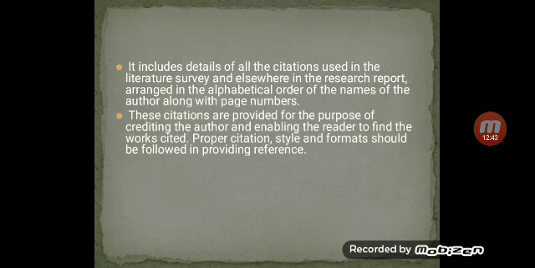These citations are provided for the purpose of crediting the author and enabling the reader to find the work. Proper citation style and format should be followed in providing references. Here citation is provided to give credit to the writer, because we are referring to some other person's work, so we have to give credit to them.